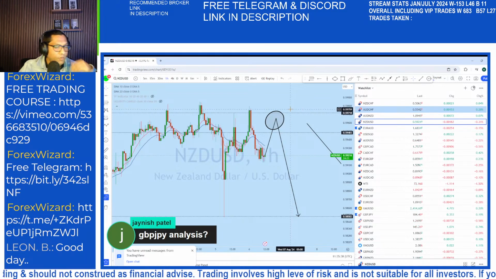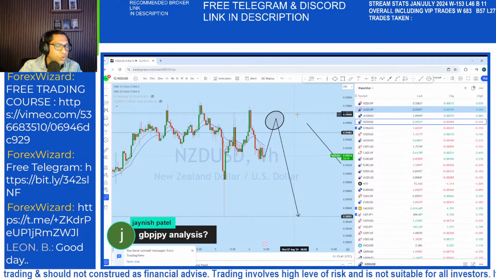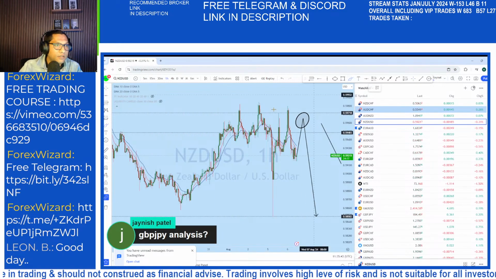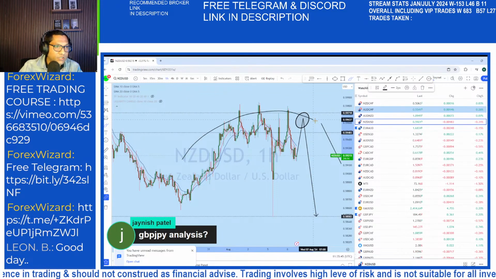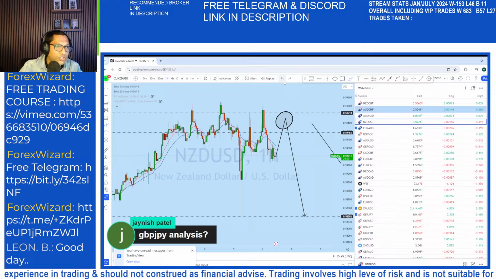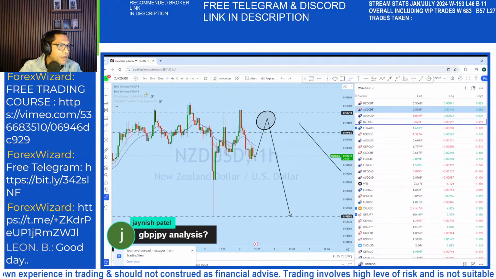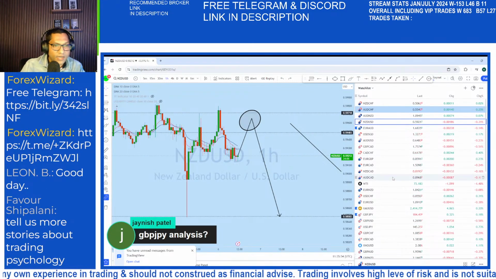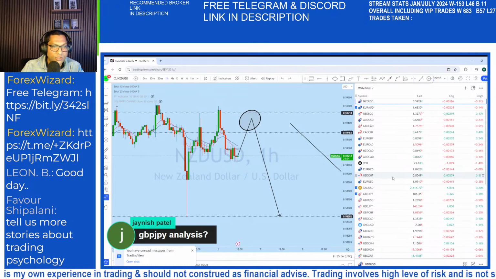This is a very important level of resistance for the market to go up, retest, and then trend in that direction.